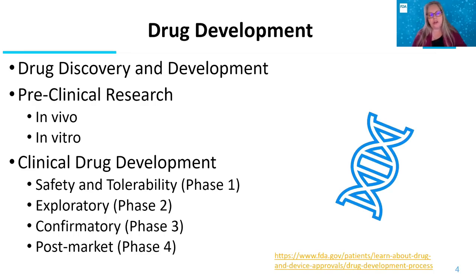It really starts early with drug discovery and development. This is when a lot of the bench science happens, and our academic partners who are there with you today spend time looking at understanding the disease, the natural history of certain diseases, and looking at mechanistic aspects of not only the disease, but whether there is a molecule that perhaps could impact the disease because of its mechanism of action.